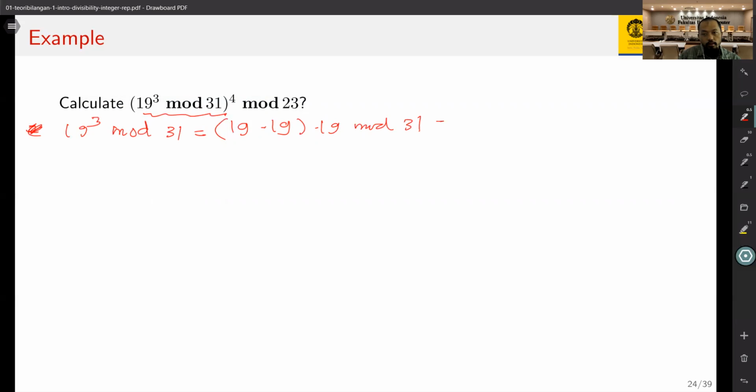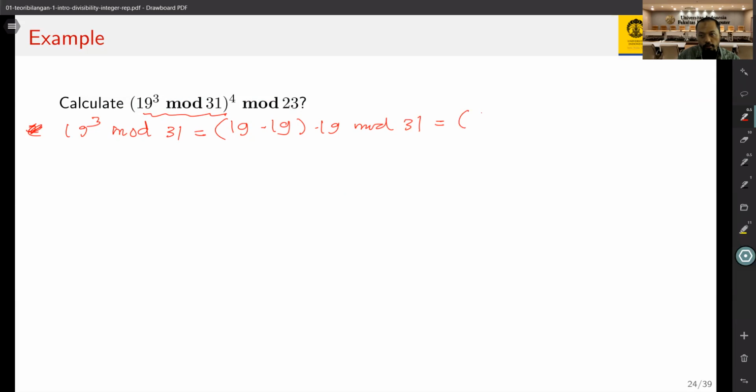What about 19 times 19? 19 mod 31 times 19 mod 31, yes.